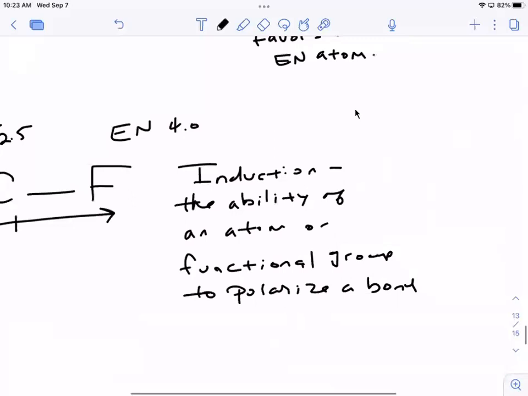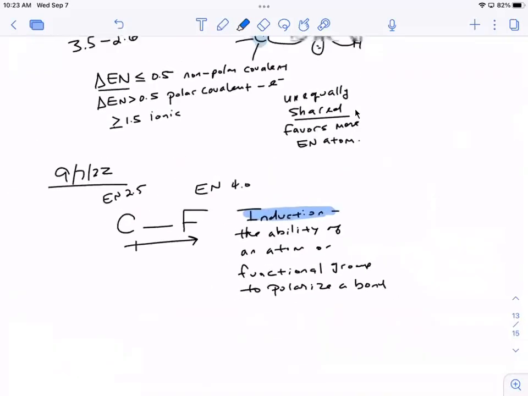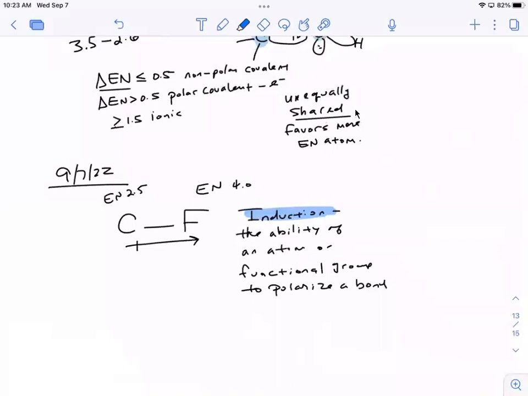So the ability of an atom or a functional group to polarize a bond, we call that induction. Electronegative atoms have an inductive effect on a bond.